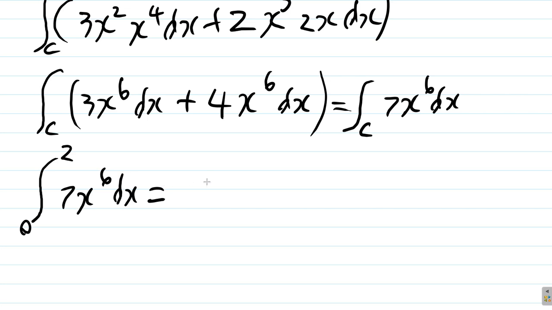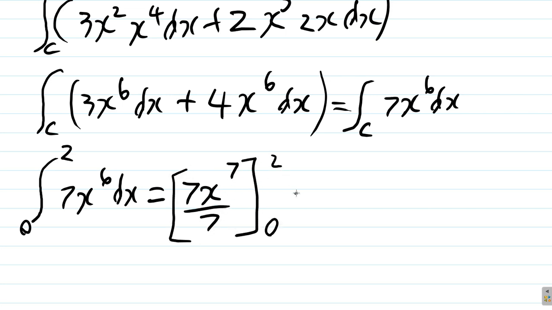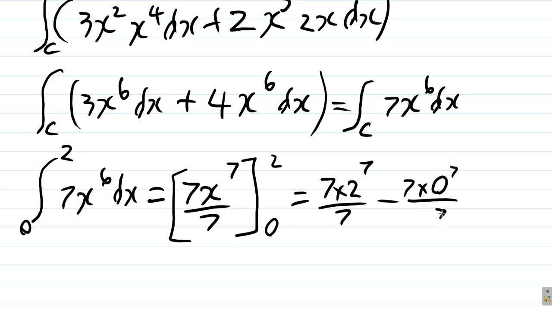What will this give us now? With 7x to the 7 over 7 from 0 to 2, which will be, substitute 2: 7 times 2 to the 7 over 7 minus 7 times 0 to the 7 over 7. But this part, you know that it will be 0.